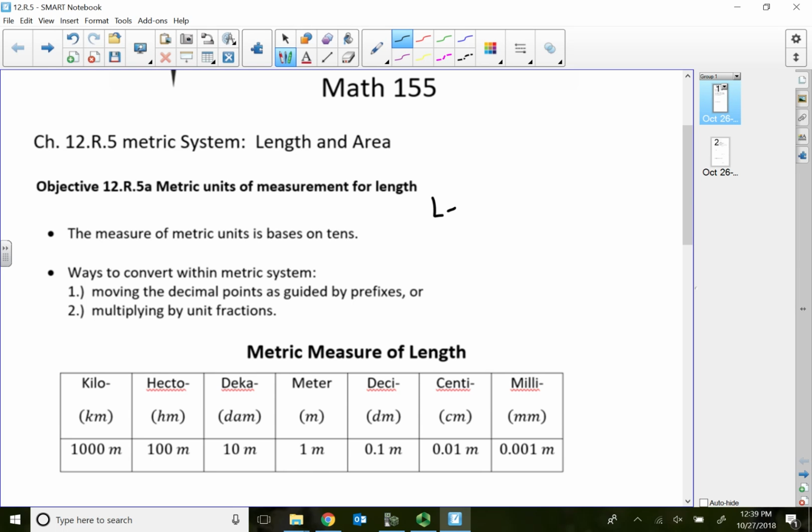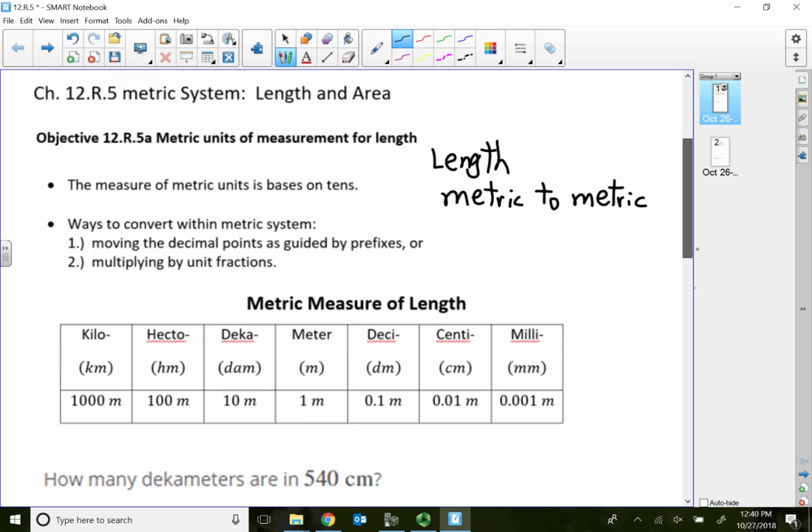So this is length in terms of metric to metric. Because we're going to run into different types of conversion of metric other than just length, capacity, and weight. Metric is actually the most commonly used units in the world.